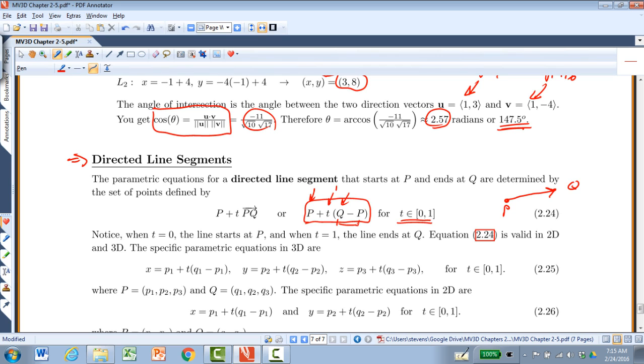Q minus P is just the vector PQ, and then we're still going to keep our point P. So we start at P, we end at Q. It's great stuff.